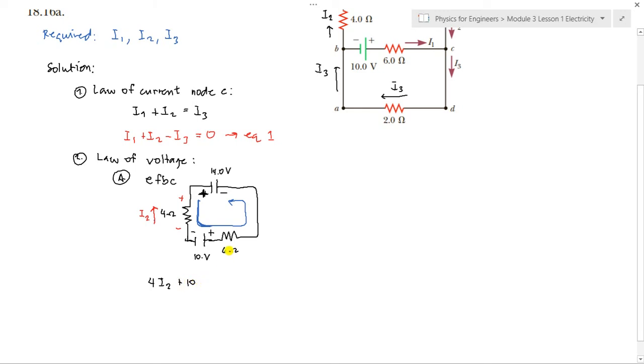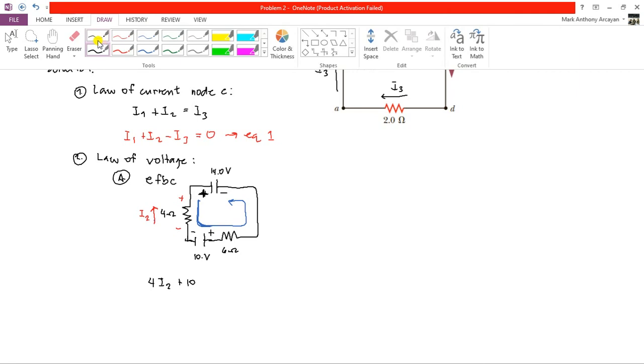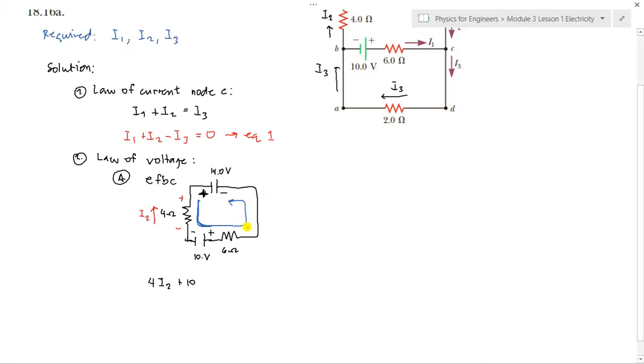Then, for our 6 ohms, what is the direction of our current here? I1 flows through here, and our loop direction is the same, so this would be negative, since it goes from positive terminal to negative terminal, which is a voltage drop.